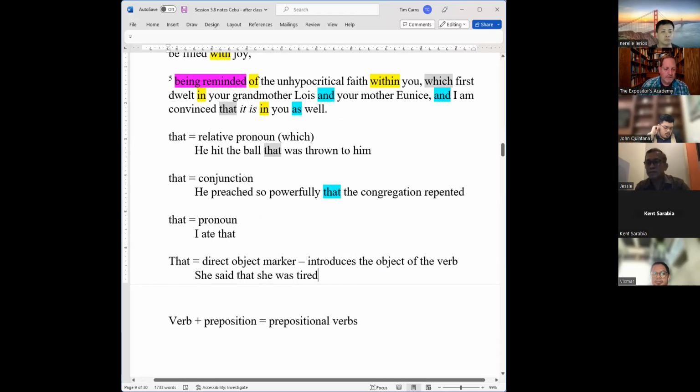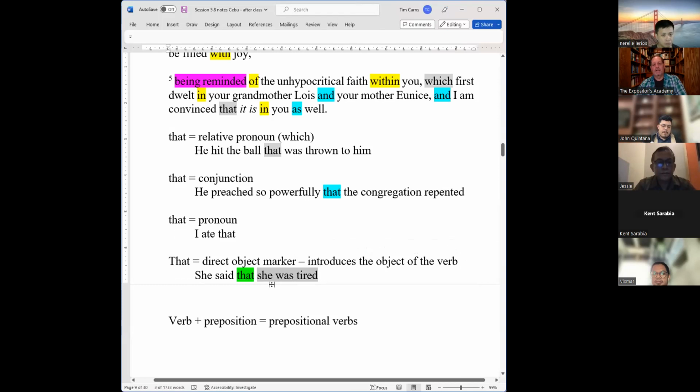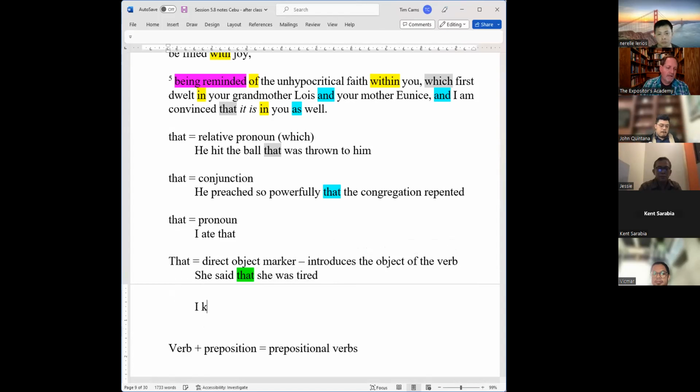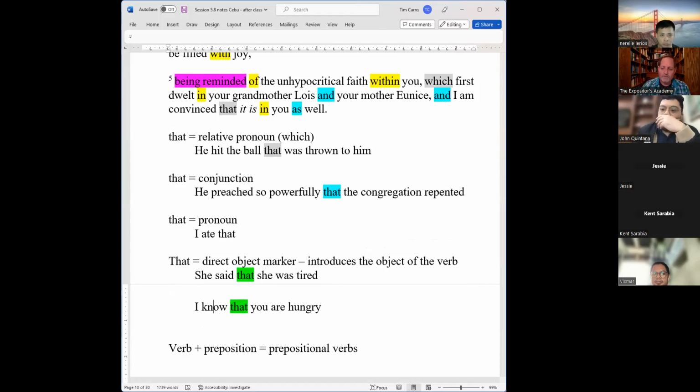Here it's introducing what she said. That's the object of "said." She said what? She said that she was tired. Or another is, I know that you are hungry. In this case, it's introducing the object of "know." I know what? I know that you are hungry. So, anybody confused?